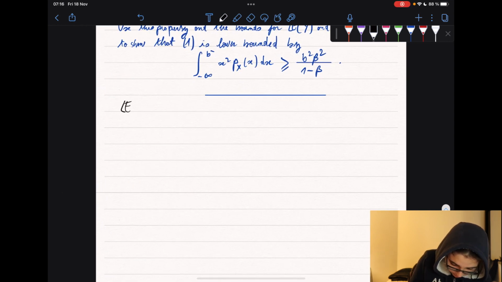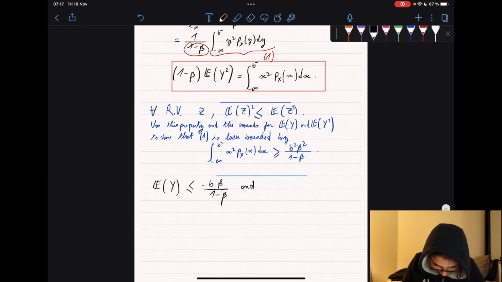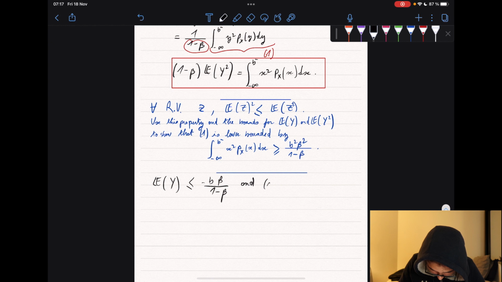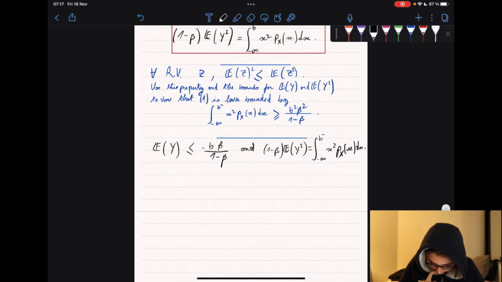We have just proven that the expectation of y is less than minus b times beta over 1 minus beta, and that 1 minus beta times expectation of y squared is equal to this integral number 1 that we're looking for, so the integral from minus infinity to b of x squared times p_x of x dx. Okay, this is what we have.